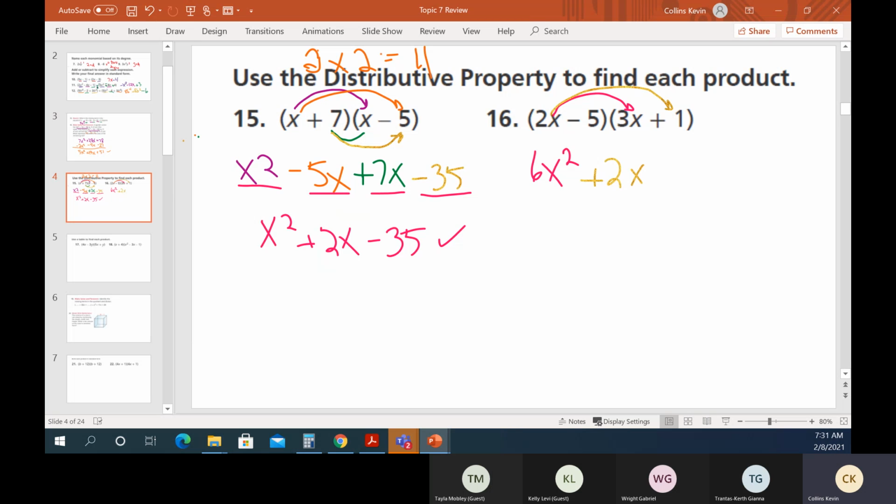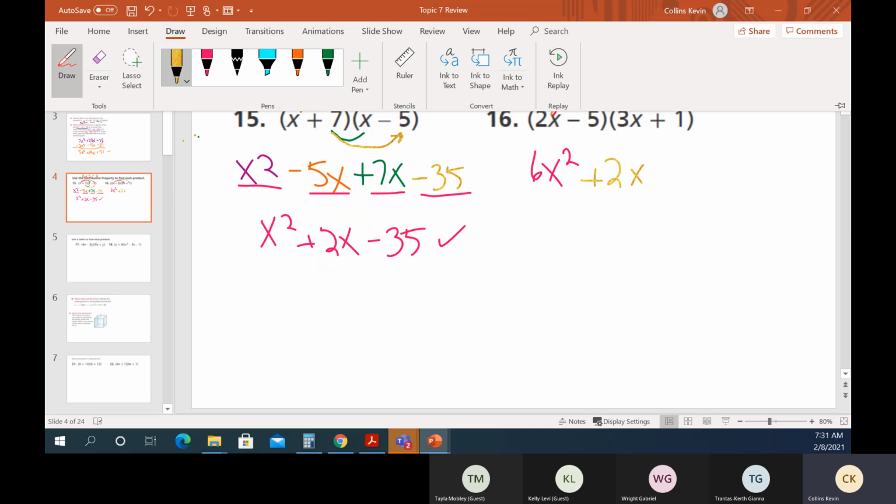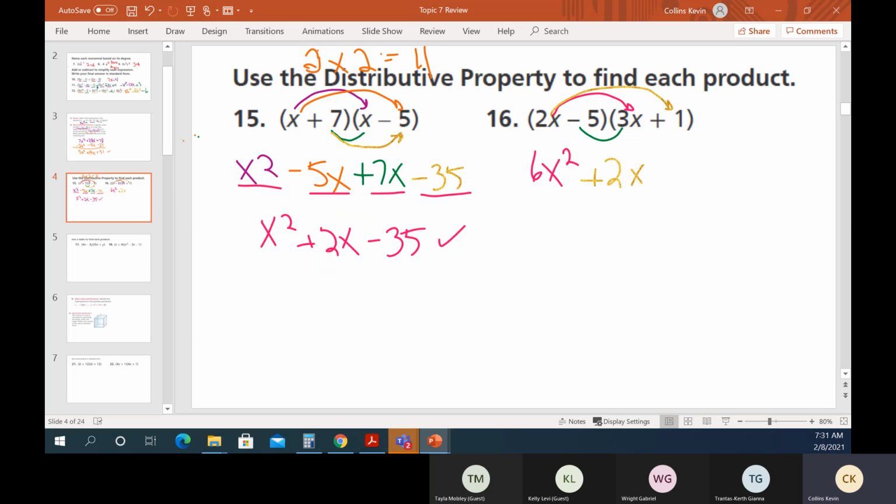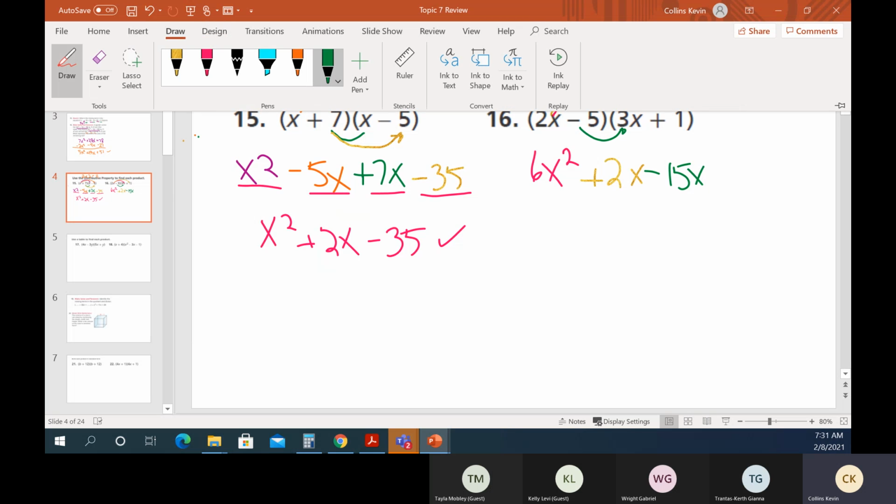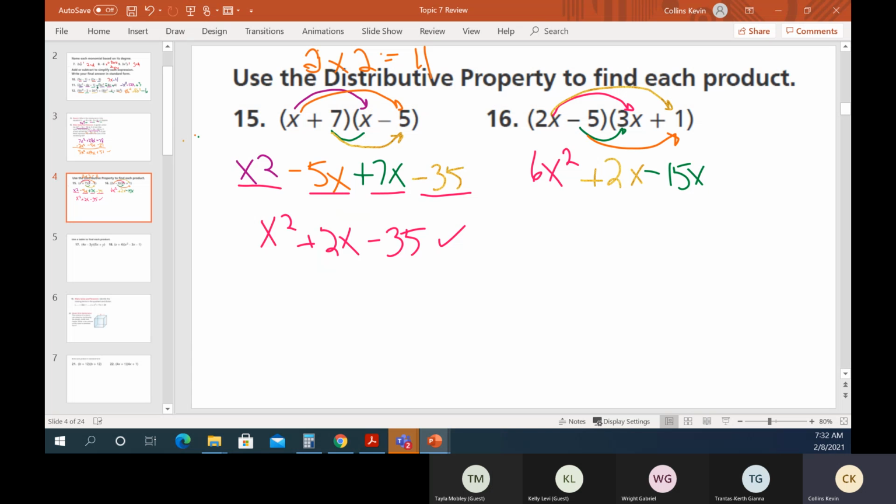All right, we move on to the negative 5. So we got minus 5 times 3, so minus 15x. And then we get to the number guys here. So we've got minus 5 times 1 is just minus 5.